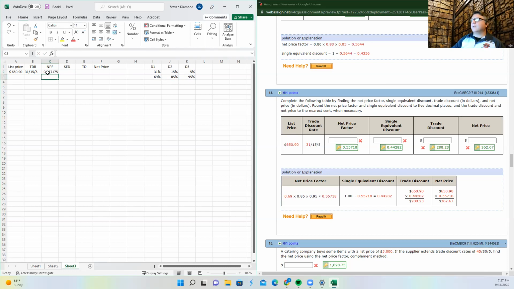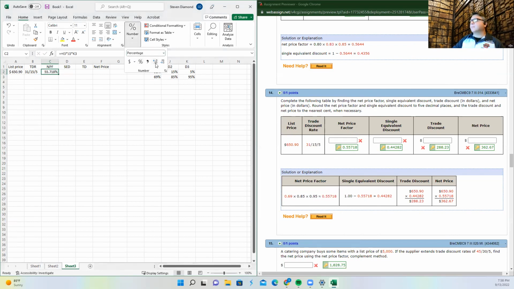All right, and we will turn that into a percentage as well. And what are they doing? How many decimal places are they going? 3 decimal places. So 55.718%.